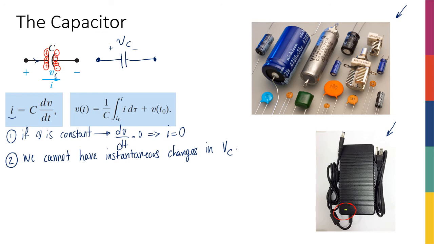These are the two important observations that I want you to remember about capacitors. So we have two kind of golden parameters for inductors and capacitors. One is IL, and the other one is VC: the current of an inductor and the voltage of a capacitor.